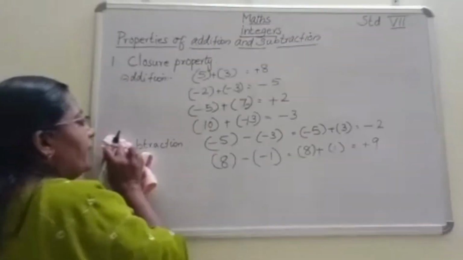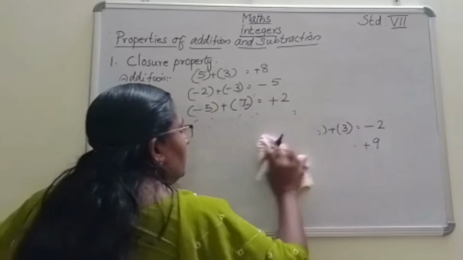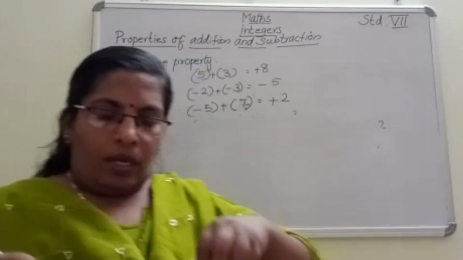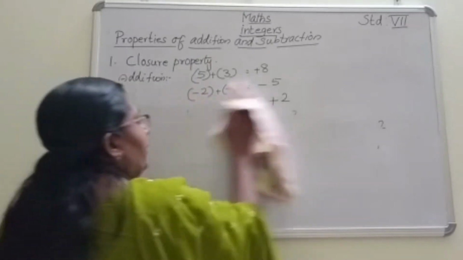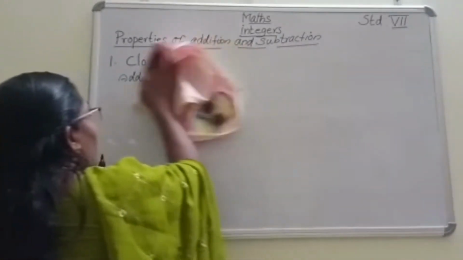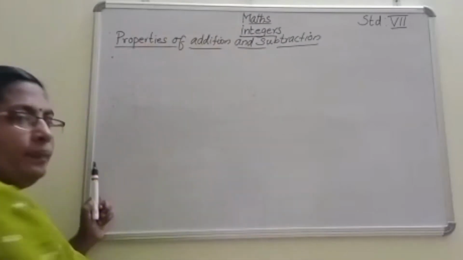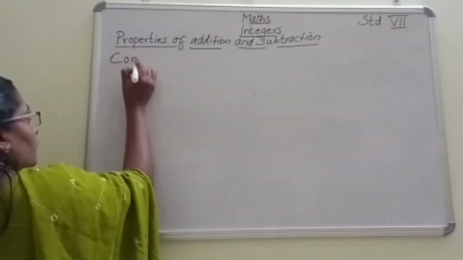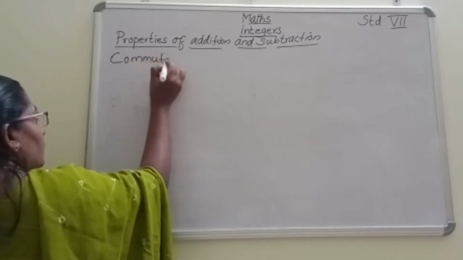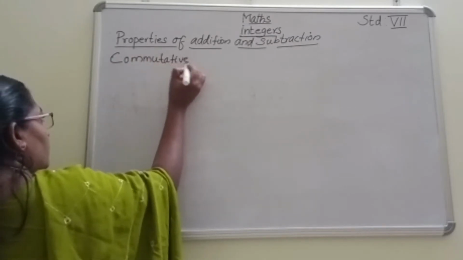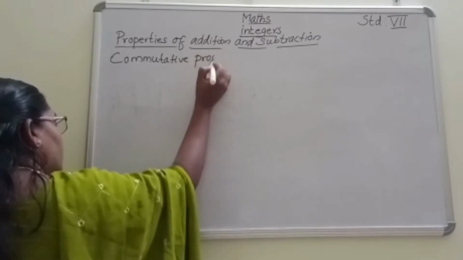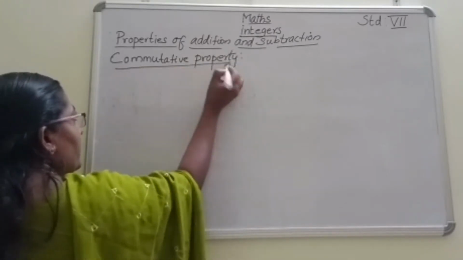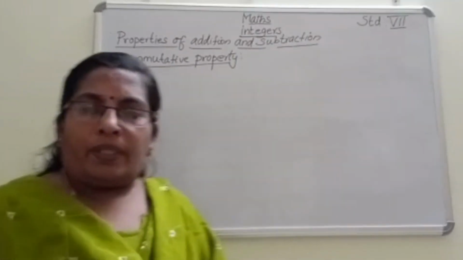Next property is the commutative property.